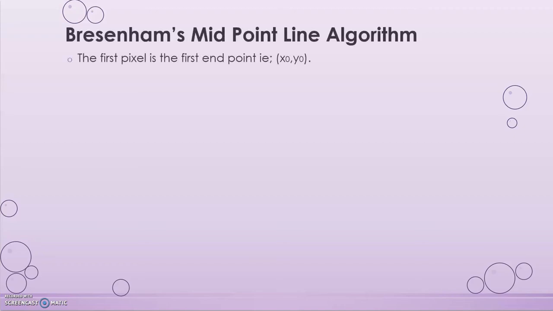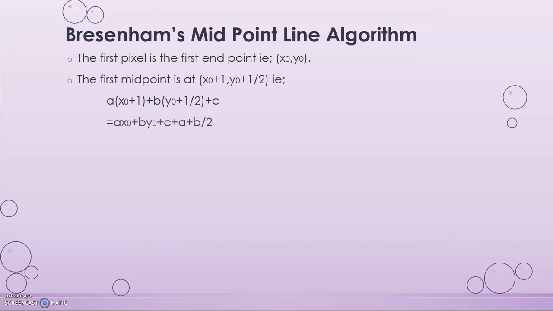The first pixel is the first endpoint, that is (x0, y0). The first midpoint is at (x0 + 1, y0 + 1/2). That is a(x0 + 1) + b(y0 + 1/2) + c, which is equal to a x0 + b y0 + c + a + b/2.